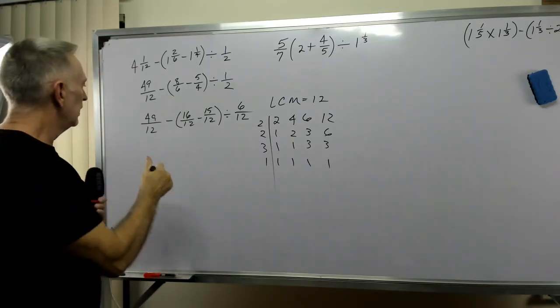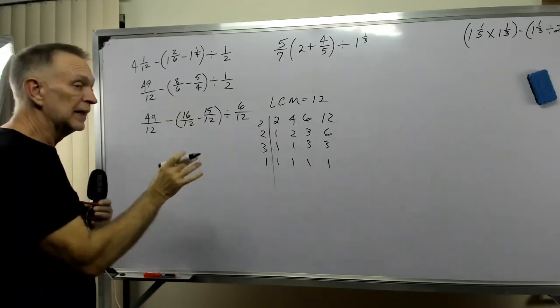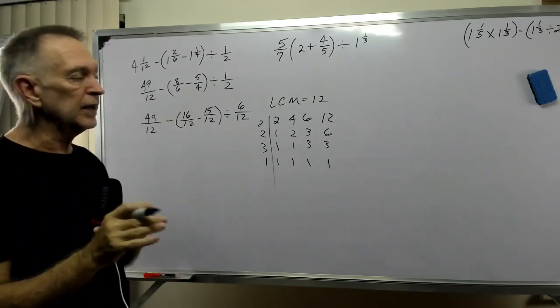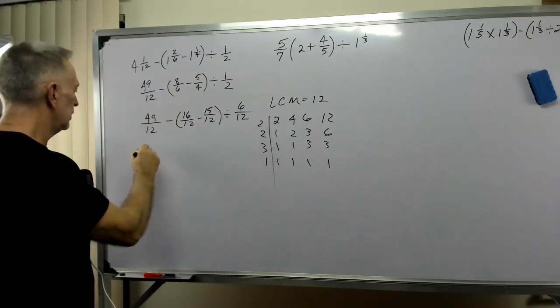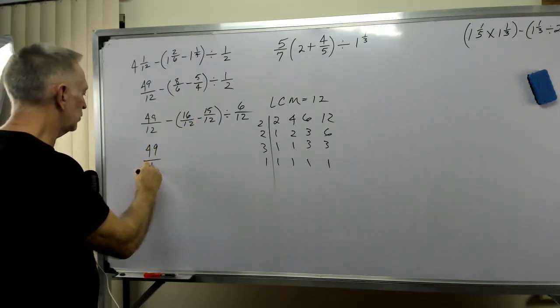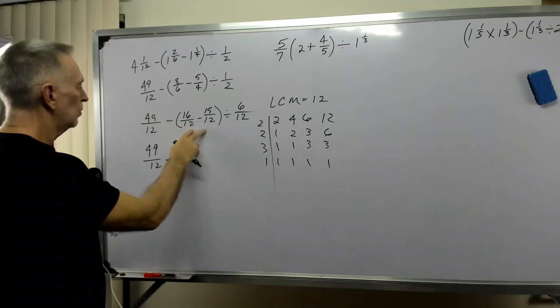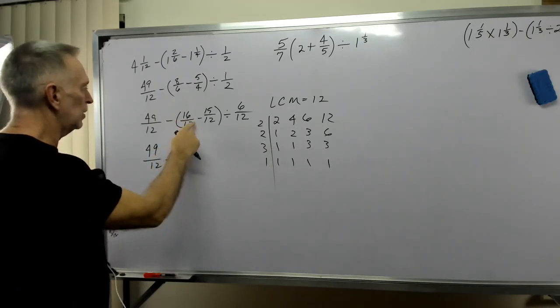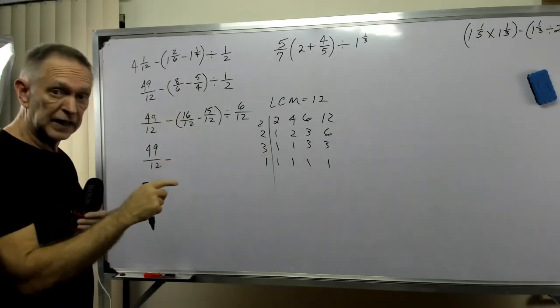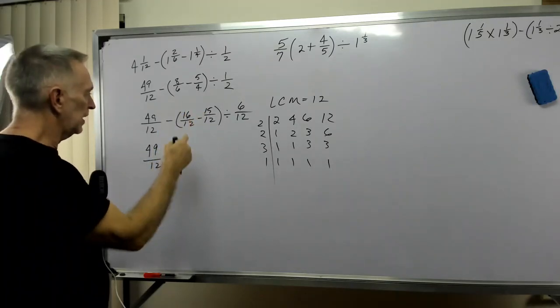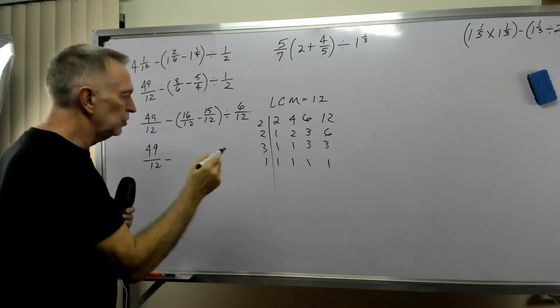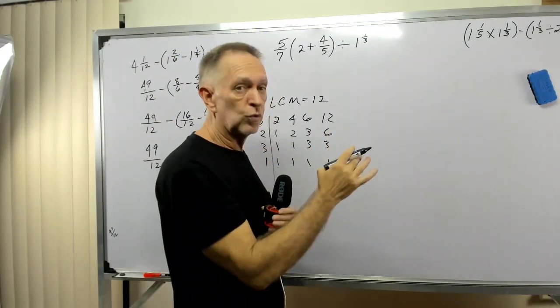Okay, now, please excuse my dear Aunt Sally. I need to solve for my parentheses first. So I have 49 over 12 minus what's inside here, 16 over 12 minus 15 over 12 is 16 minus 15 is 1. Now, you know the rule. I'm a rules guy.